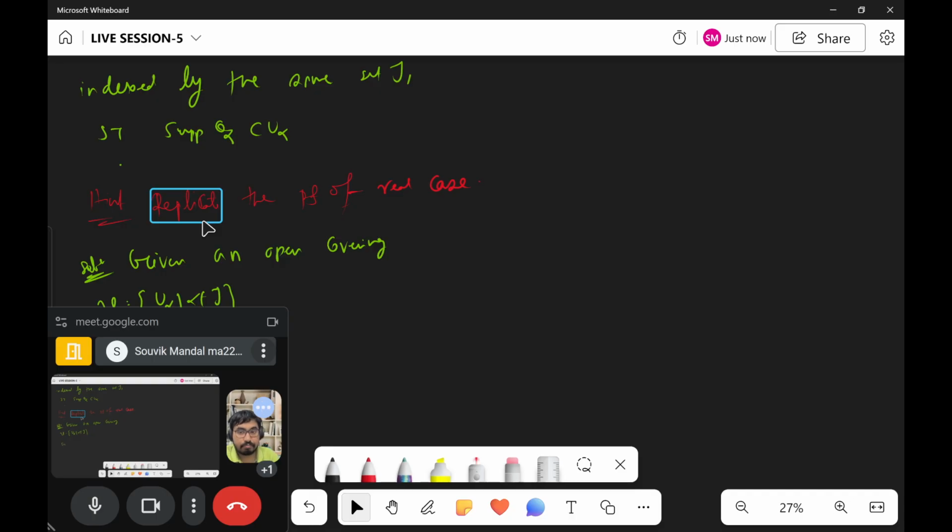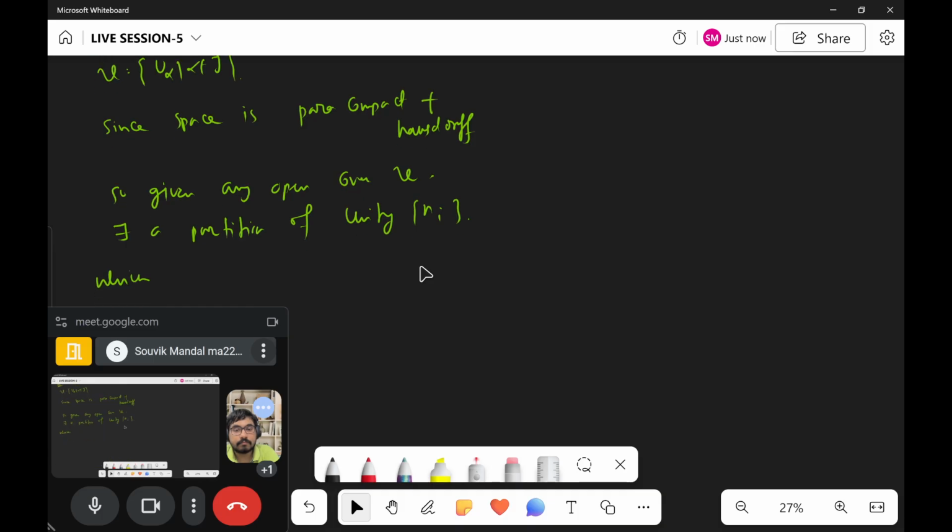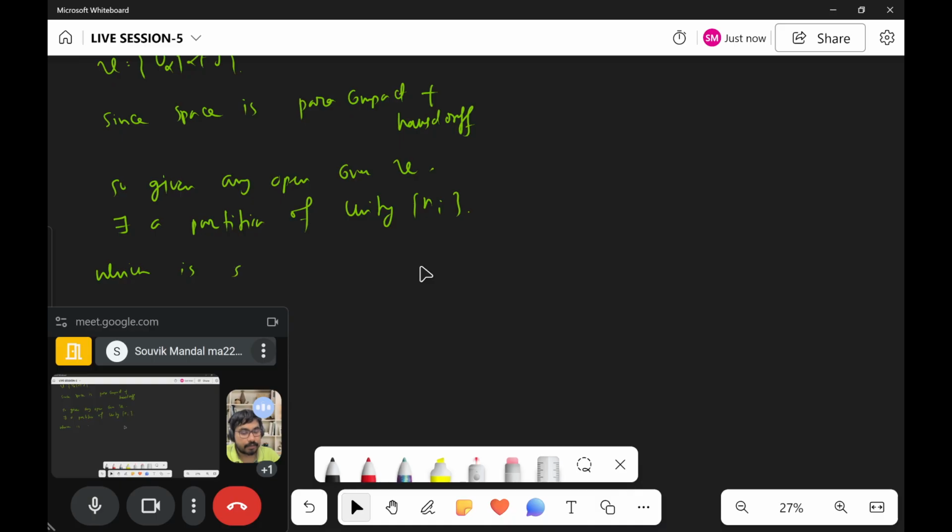Now since the space is paracompact plus Hausdorff, given any open cover U, there always exists a partition of unity which is subordinate to U. And we choose a function rho from I to J, a refinement.